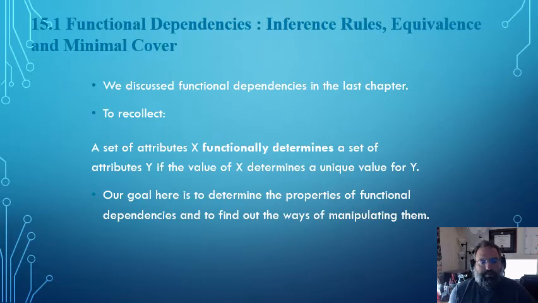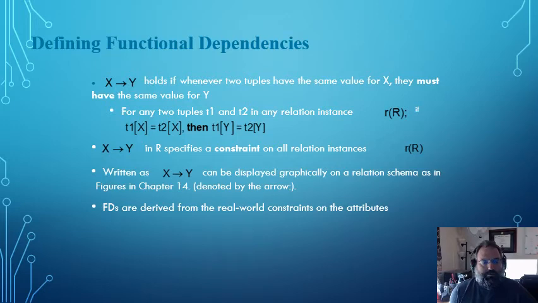We discussed functional dependencies in the last chapters. To recollect, a set of attributes X functionally determines a set of attributes Y if the value of X determines a unique value of Y. Our goal here is to determine the properties of functional dependencies and to find out ways of manipulating them. X implies Y holds if, whenever two tuples have the same value for X, they must have the same value for Y. For any two tuples t1 and t2 in any relation instance r of R, if t1[X] equals t2[X], then t1[Y] equals t2[Y].